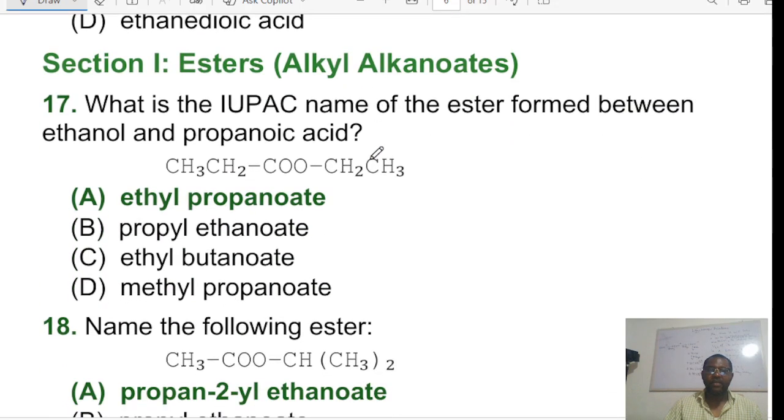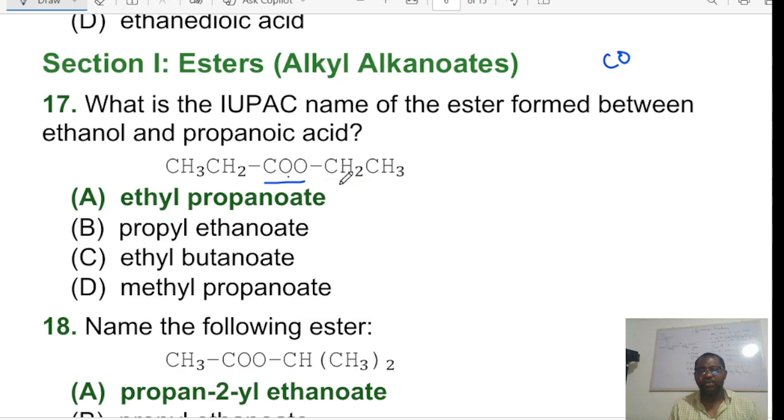Okay. Then in the case of esters, very important. Now for esters, how you know an ester is that COO separates 2 alkyl groups. Just like alkanones, it is CO, but in the case of esters, it is COO.